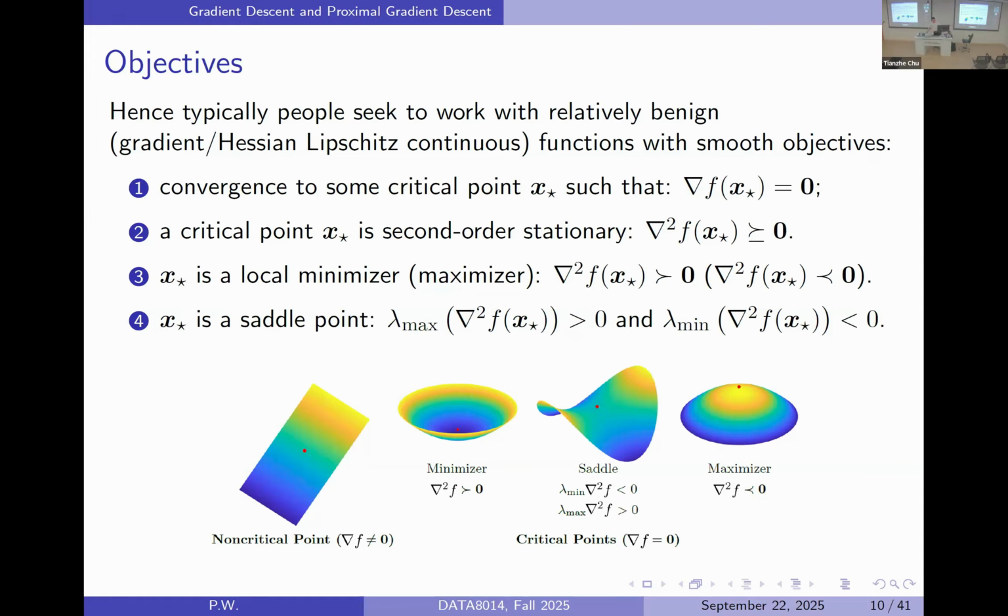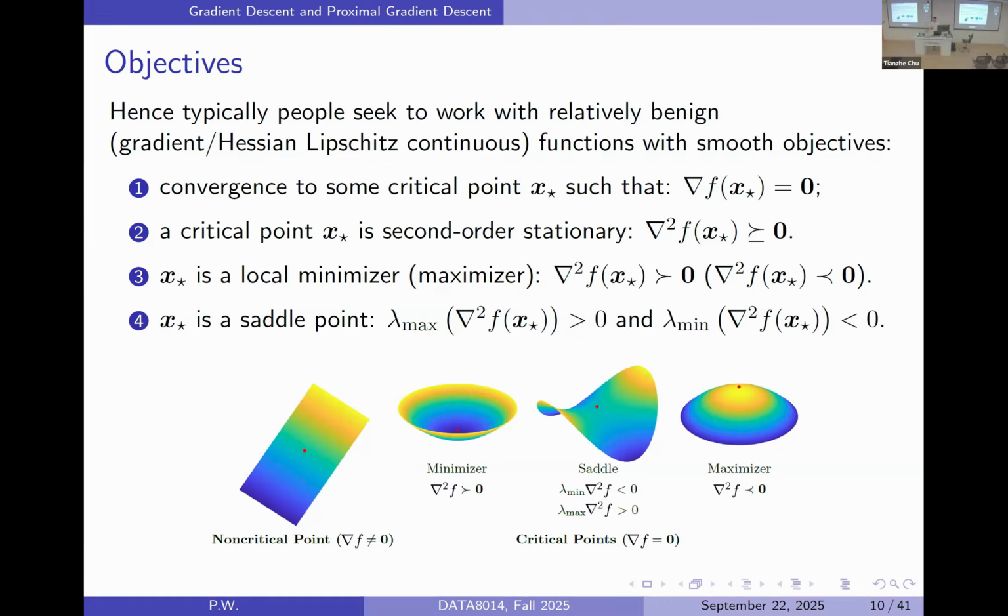Note that for a non-convex function, if its loss landscape is very complicated, it may contain all of these critical points. It may have local minimizers, local maximizers, saddle points, and also a global minimizer.